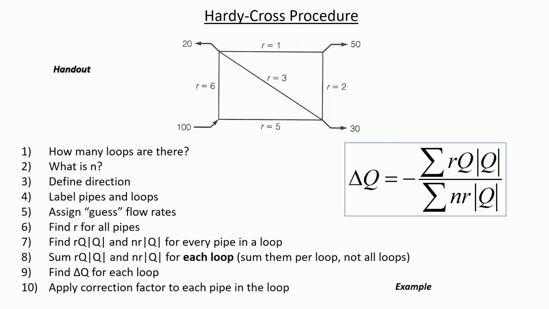What causes a massive pressure drop is when you have a big flow rate through a small diameter pipe. You know, head losses are proportional to flow rate. And so this same network, if instead of 20, 50, and 30, we could calculate the pressures at each of these junctions right now, if we knew a little bit more information, if we knew the elevation and we knew the pressure at a control point.